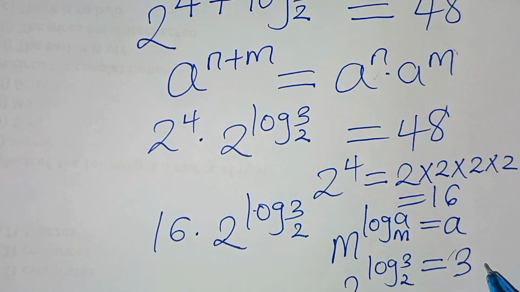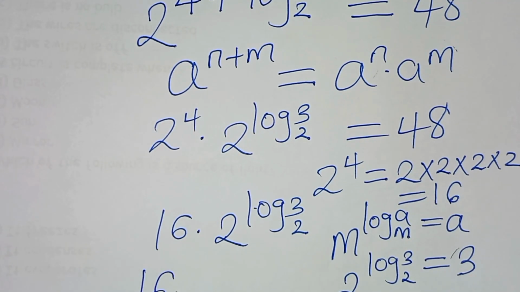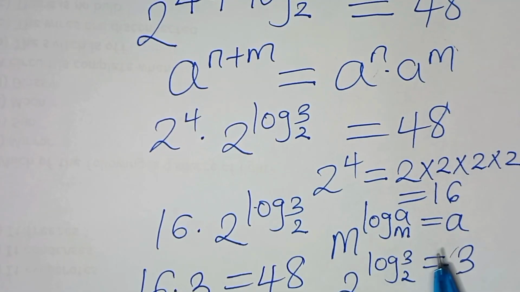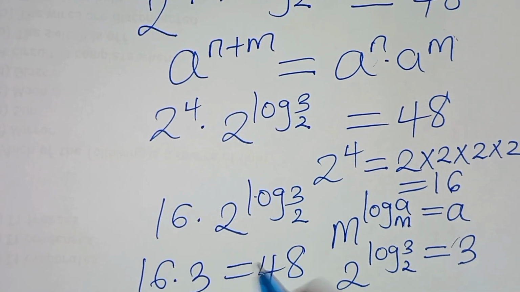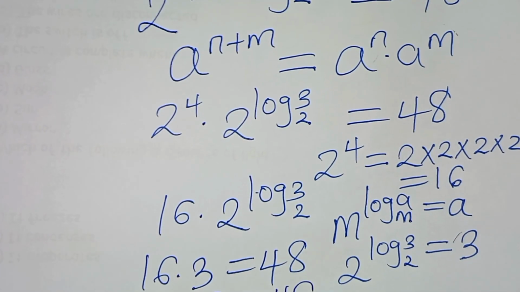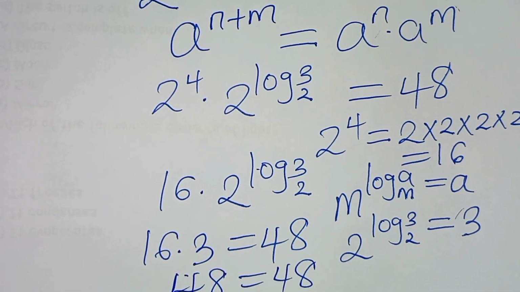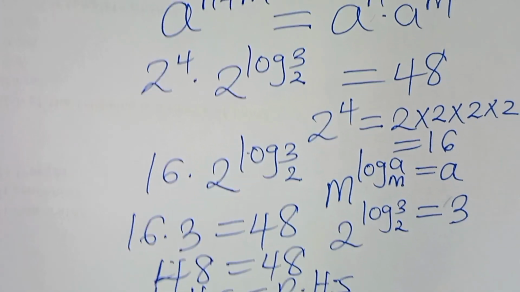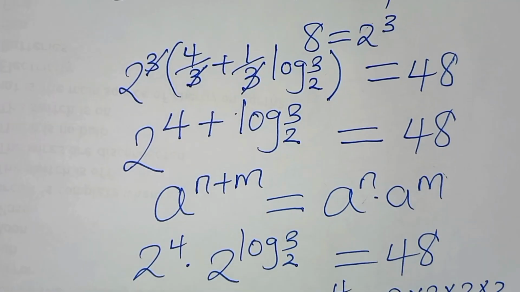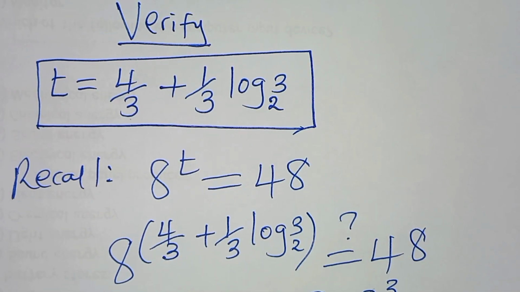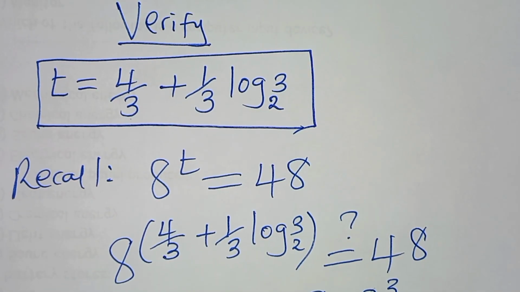So let's substitute this 3. Here we'll have 16 times 3, and 16 times 3 is 48. And that shows that the left hand side is equal to the right hand side. Okay, and that shows that the value of t, which is basically 4 over 3 plus a third log 3 to base 2, satisfies the equation.